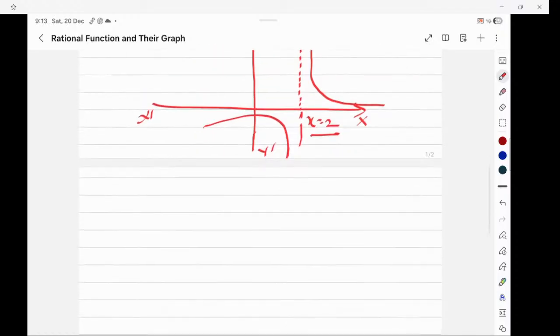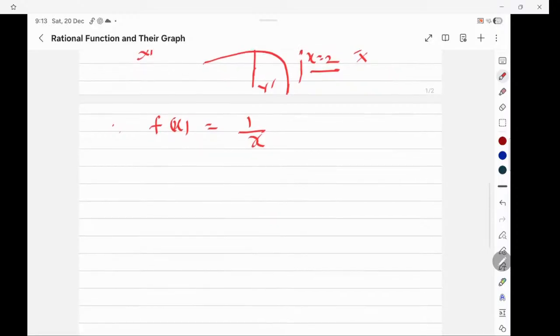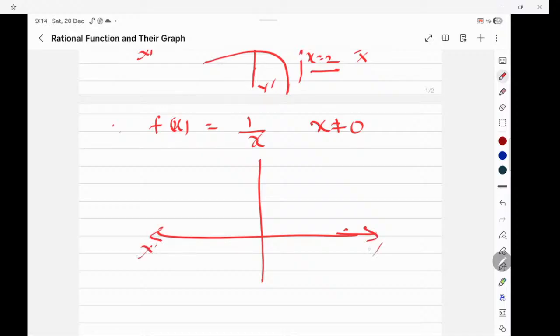Next example: f(x) is equal to 1 over x, where x is not equal to 0. What is the graph of this function? We draw the axes x, x dash, y and y dash. The graph does not lie at x equals 0.